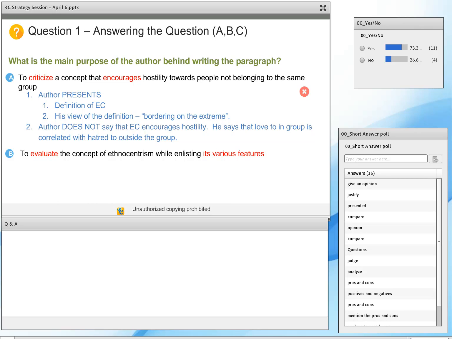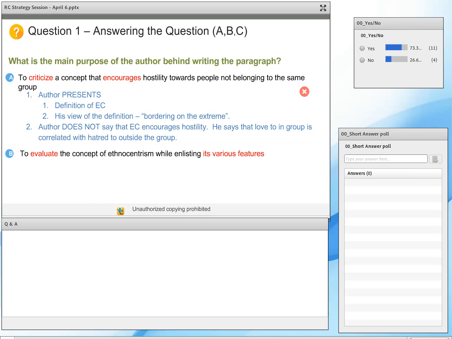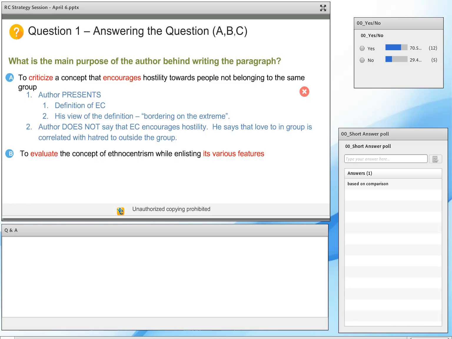So quite a few of you. Now, for those of you who did not select this choice because of those positive features and negative features, why did you select the choice evaluate? Based on comparison. I don't quite understand that. So, again, selecting the choice that has the word evaluate in it happens when you are superficially reading the passage.